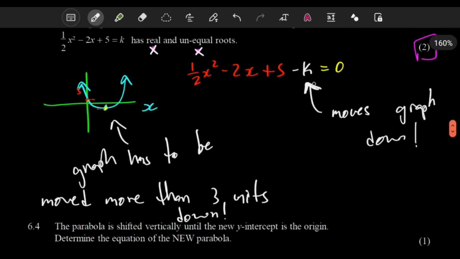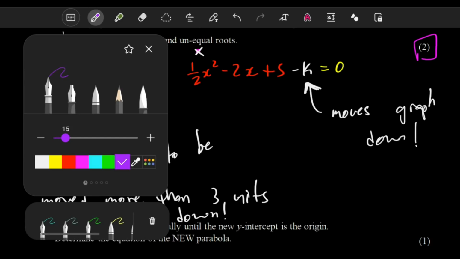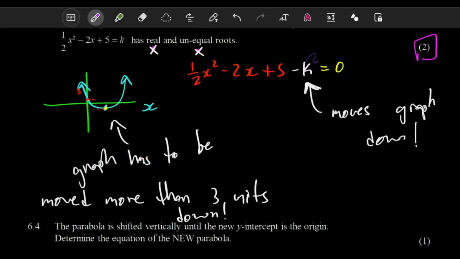So if our graph has to be moved 3 units down, clearly our value of k just needs to be smaller than 3. Because if our value of k is smaller than 3, or rather, if you look at this value, let's actually look at this.